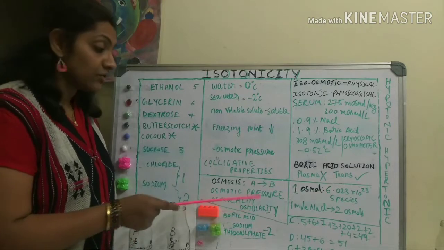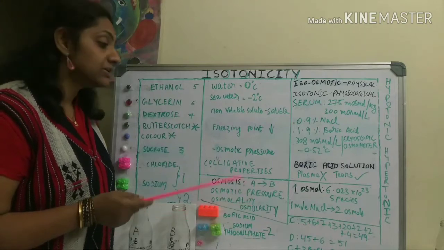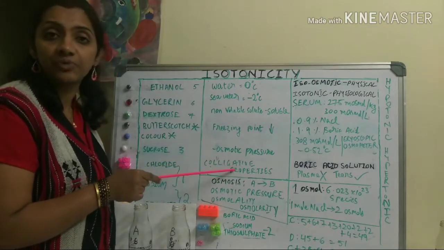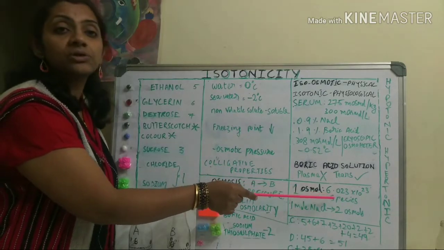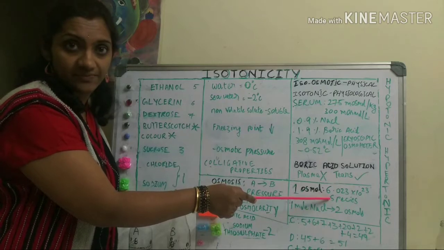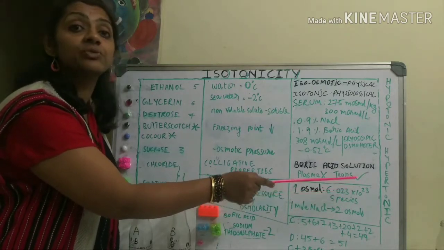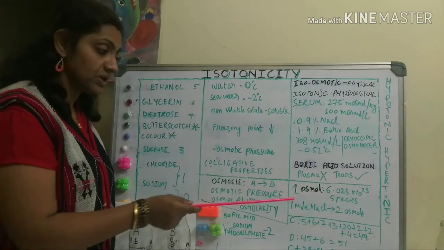Now, what is an osmol? It is talking about the number of species which is reflecting the colligative properties. So, 1 osmol is equal to Avogadro number of species, 6.023 into 10 power 23 species in the solvent system.